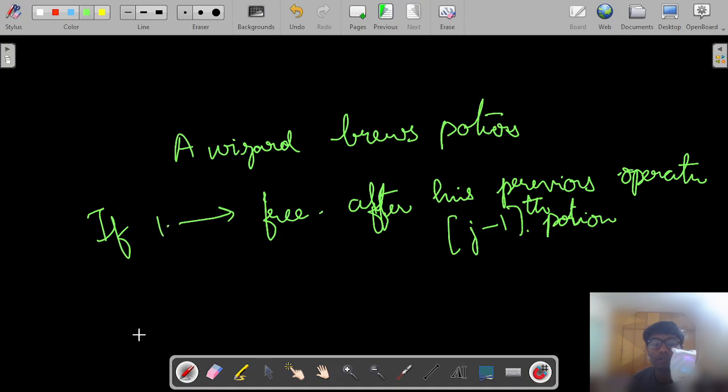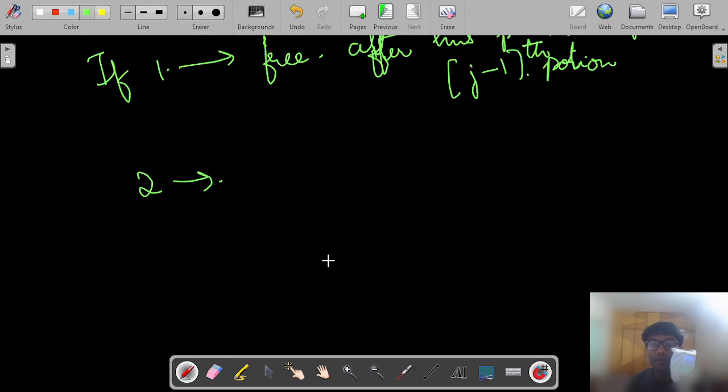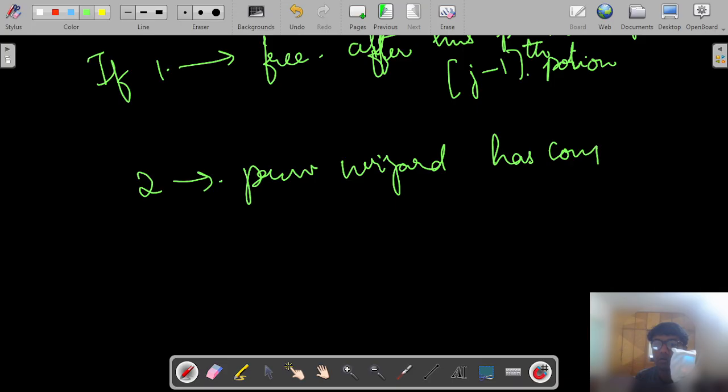This is the first condition, and the second condition is that the previous wizard has completed brewing, in synchronization. Sync.